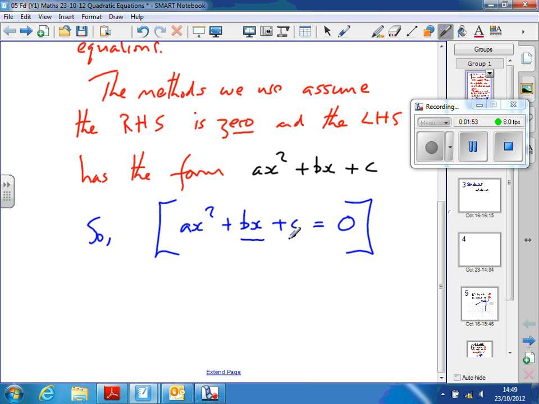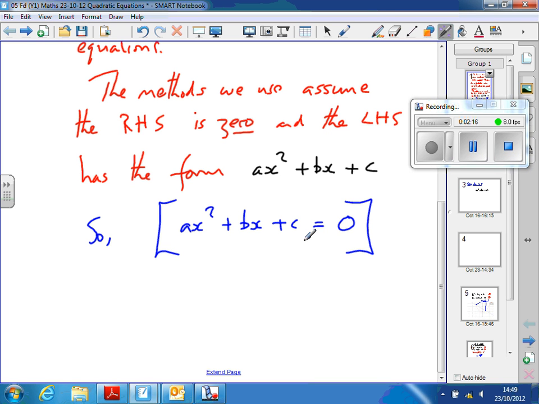And there may well be a constant, some number on its own. It could be that there's no term involving x, in which case b is 0. It could be that there's no constant, in which case c is 0. And it could be that a is 0, in which case there's no x squared term and it's not a quadratic equation, so then we'd solve it like we've been doing before.